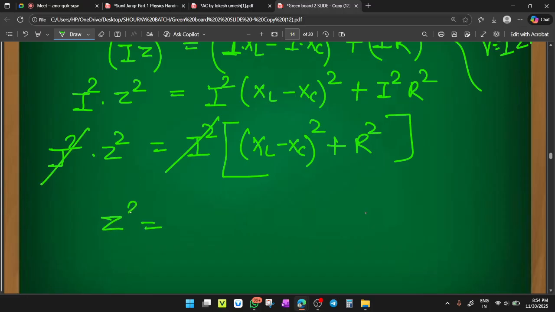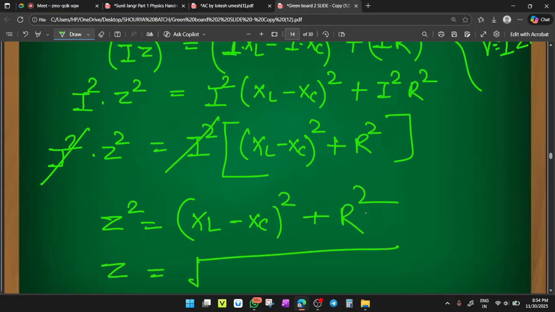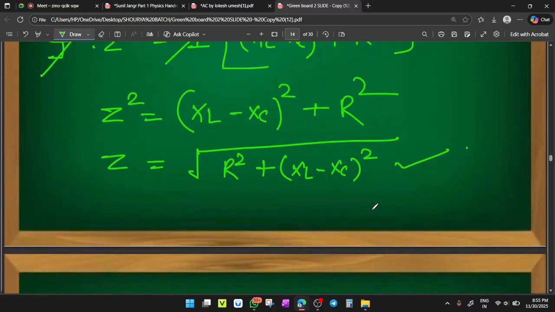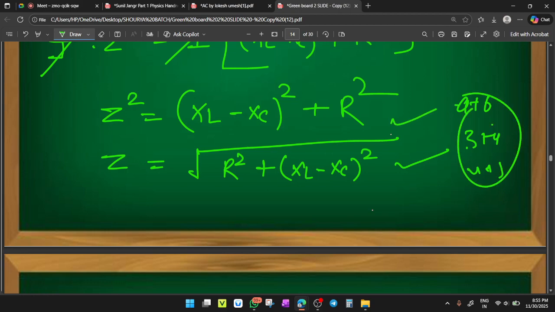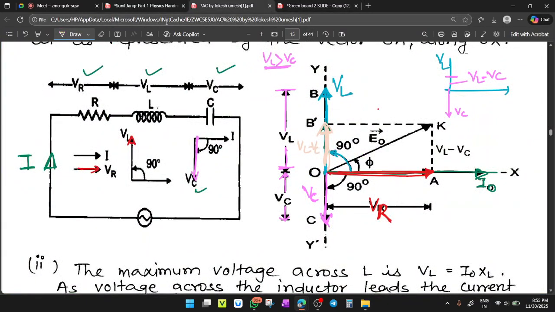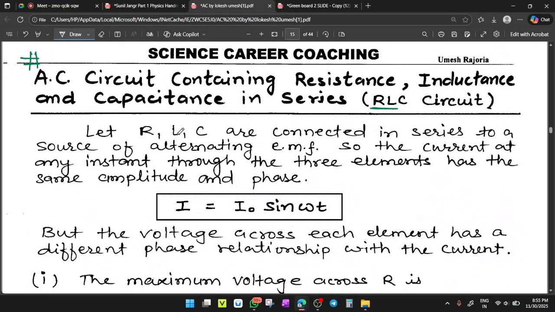So Z square equals (XL minus XC) whole square plus R square. So Z equals under root of R square plus (XL minus XC) whole square. Nothing wrong, it is looking good, because A plus B equals B plus A, 3 plus 4 equals 4 plus 3. So you can use it as it is. So this becomes what? Impedance. Clear, students?